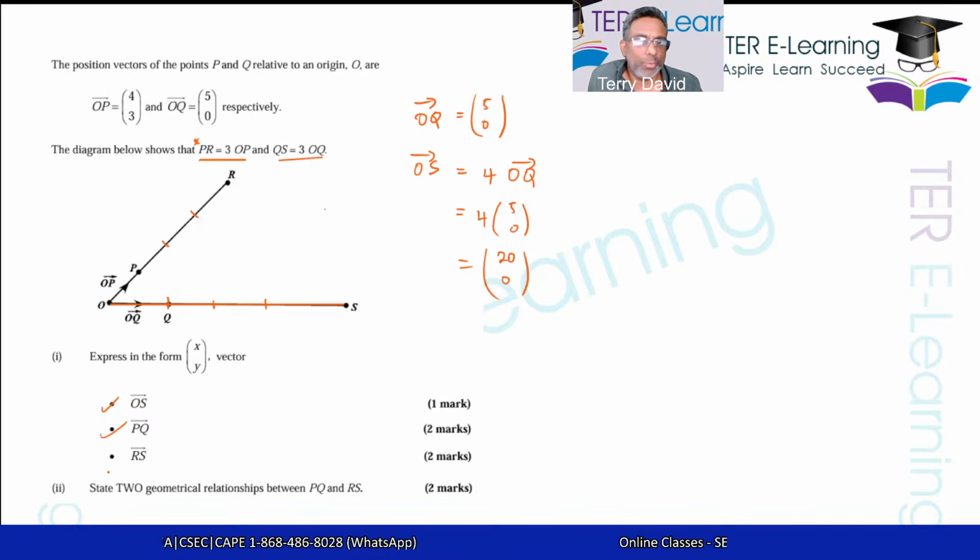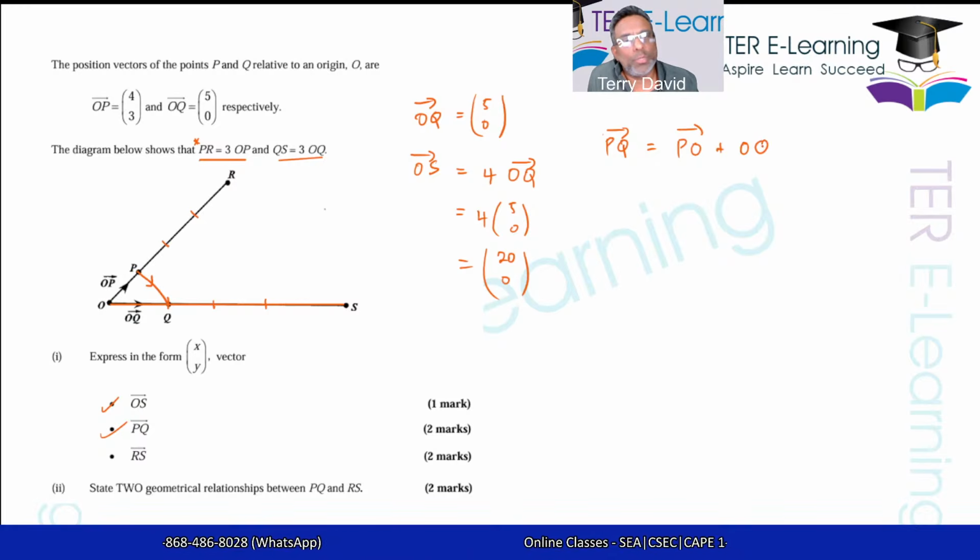The next thing we want is the vector PQ. So PQ is from here to here. To get PQ, you're going to go from P to O, and then from O to Q. The vector PO is the reverse direction of this vector here, which is (-4, -3).